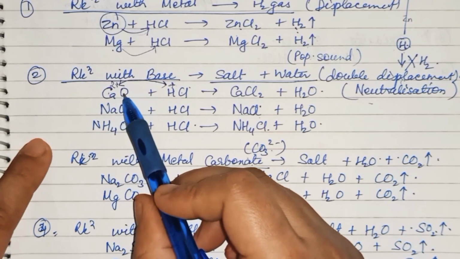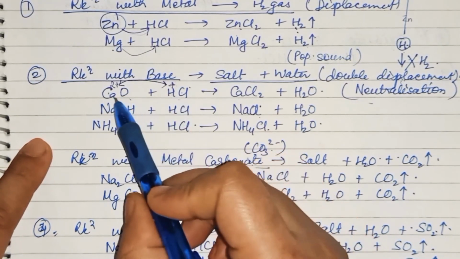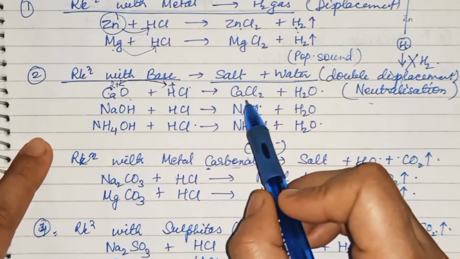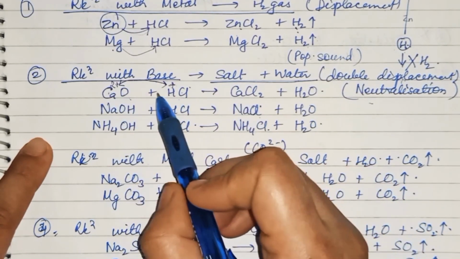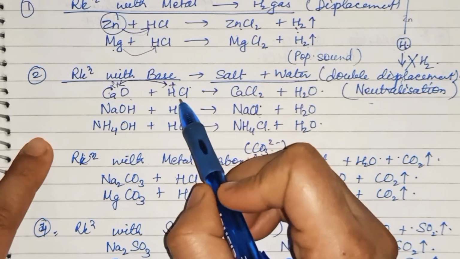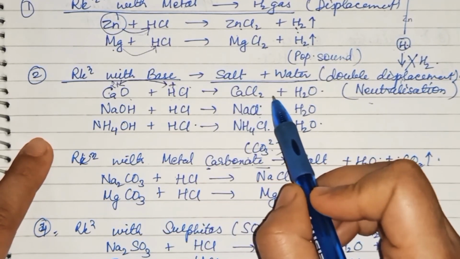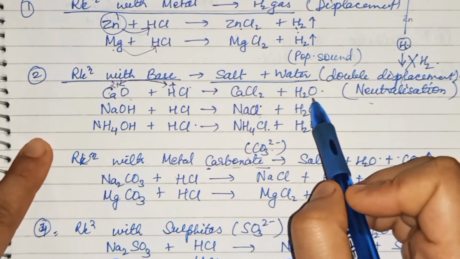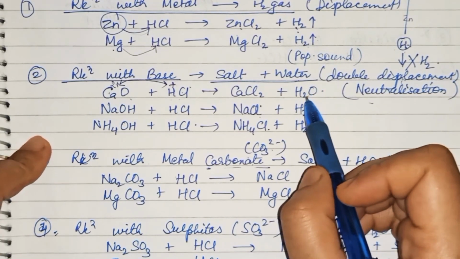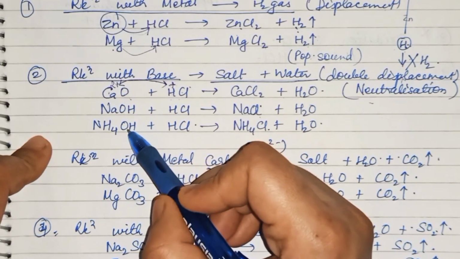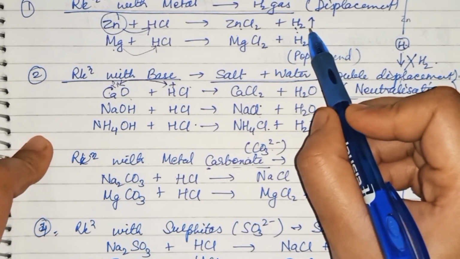So CaO is a base, HCl is acid. These two will react to give salt. That salt is calcium chloride, because Ca is displacing H from HCl. So Ca will come here, that will form CaCl2, and water will be released. Children, one more thing you have to remember here: wherever oxygen is present on the reactant side, hydrogen is not produced.